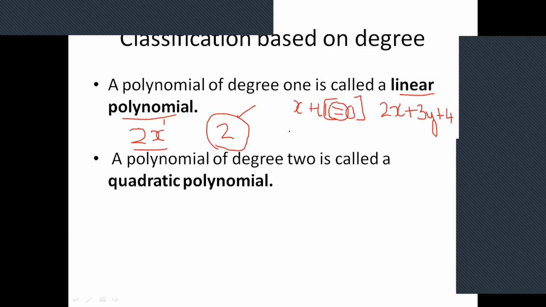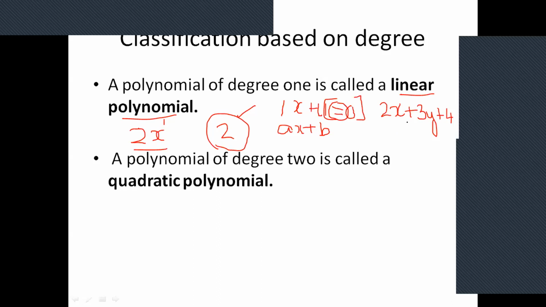When it comes to the linear polynomial in one variable, it is written as ax plus b. Now, what is this a? A is the coefficient of x. Here, nothing is there, that means it is 1. Here, b is the constant term. So, ax plus b is the standard form of the linear polynomial in one variable.